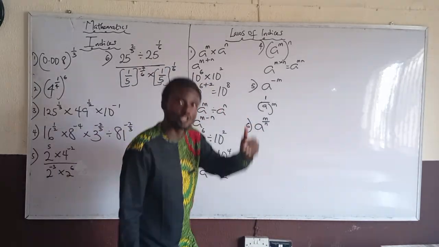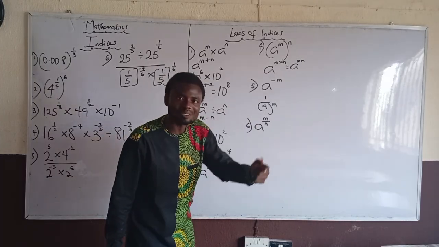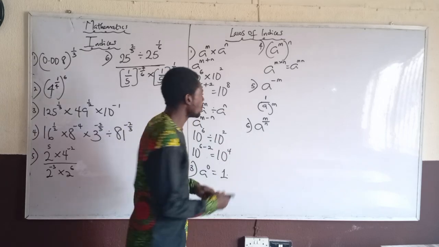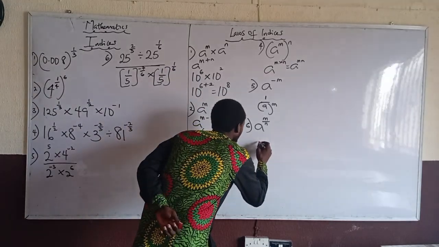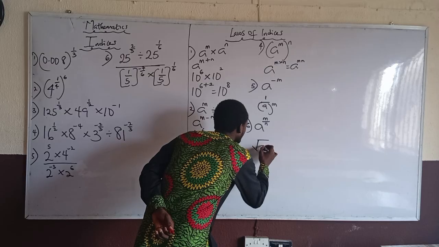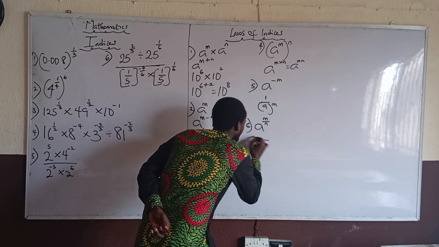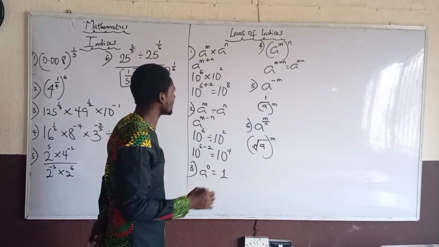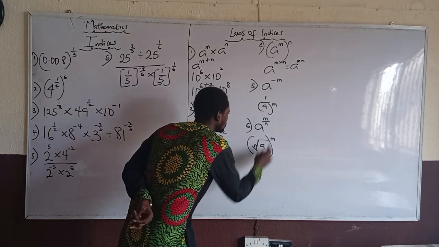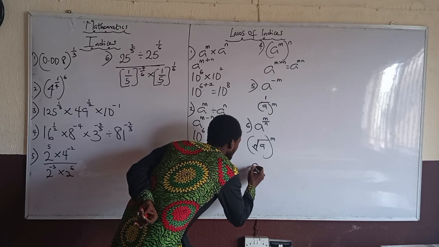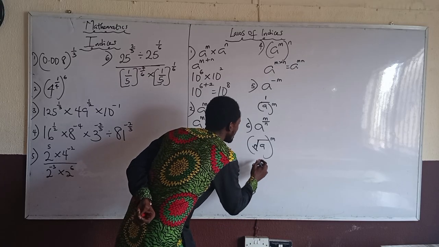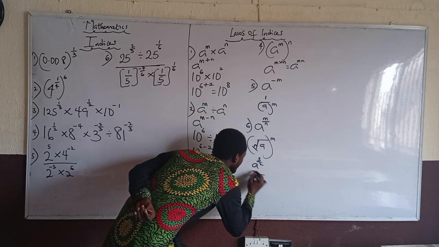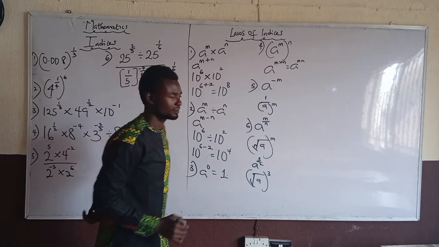So when your power is a fraction, your numerator still maintains the power and your denominator becomes the root. Here it becomes the nth root of A raised to power m, which means that if I have A raised to power 3 over 2, it becomes the square root of A raised to power 3.